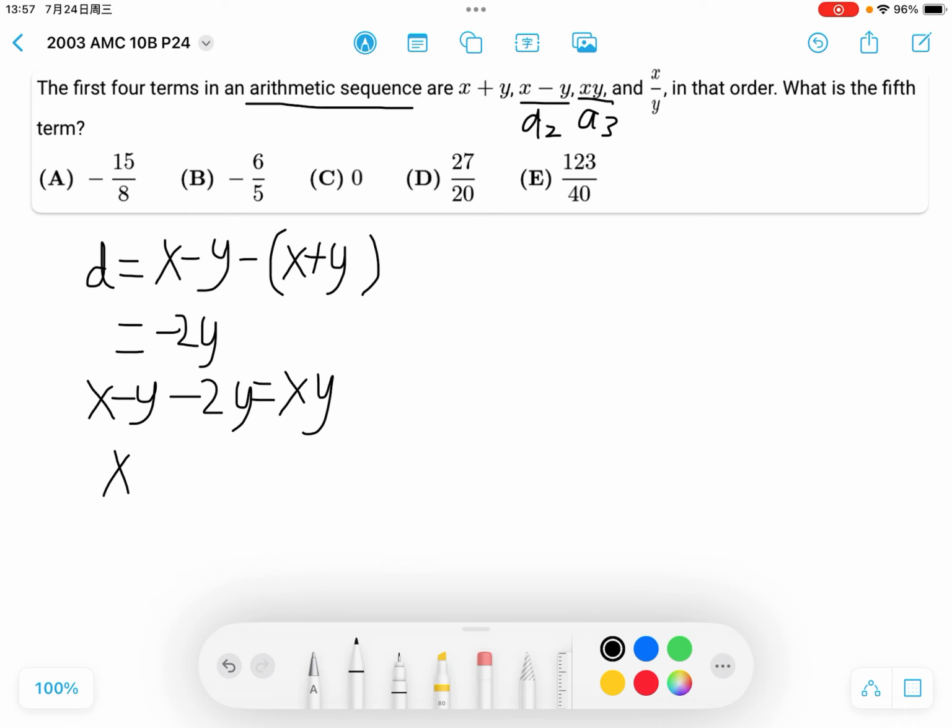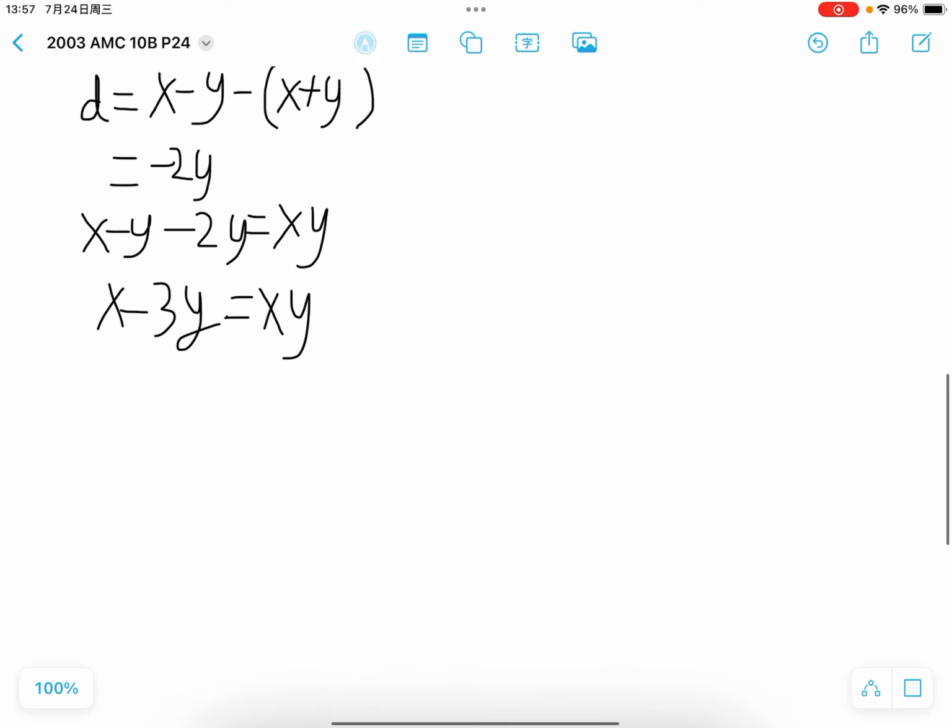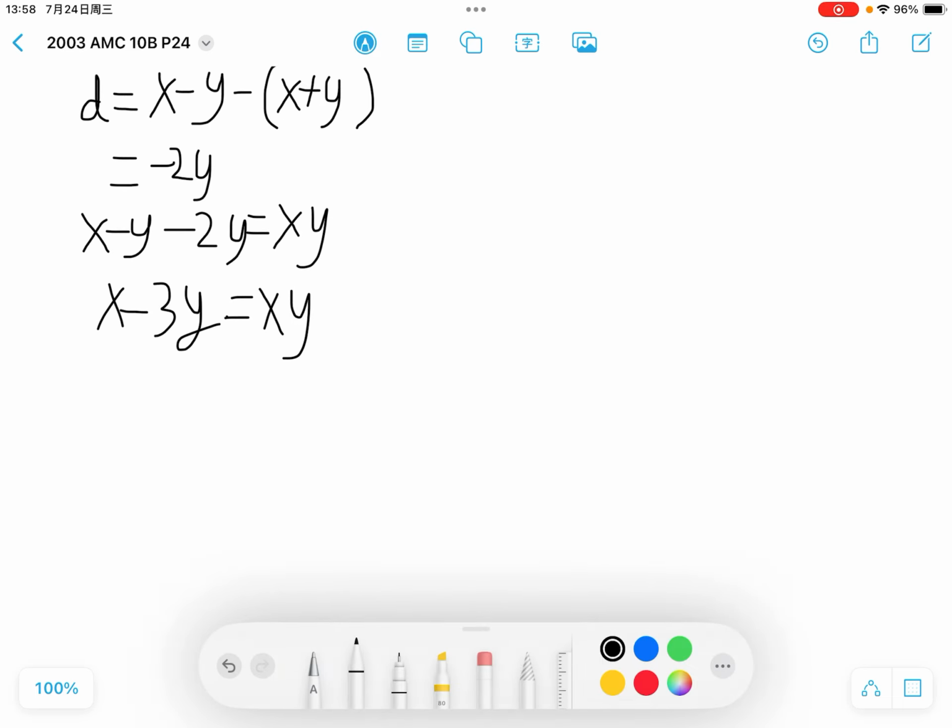So we have an equation here. x minus 3y equals xy, and we're going to try to solve for y. So we try to represent y in terms of x. Then what we can do is move all the terms of y onto one side, and move terms of only x onto the other.